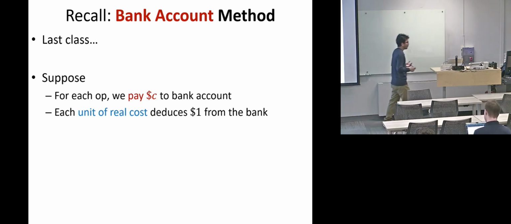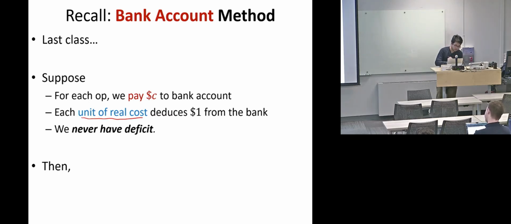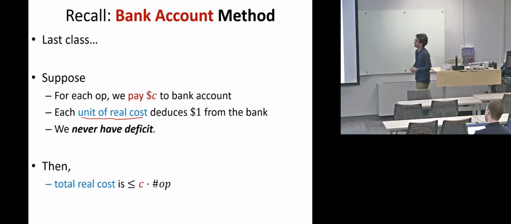But if you can always say that you never have a deficit, then you know that the total real cost is going to be at most C times the number of operations. This is the total amount that you pay. This is the real cost, but you never have a deficit.